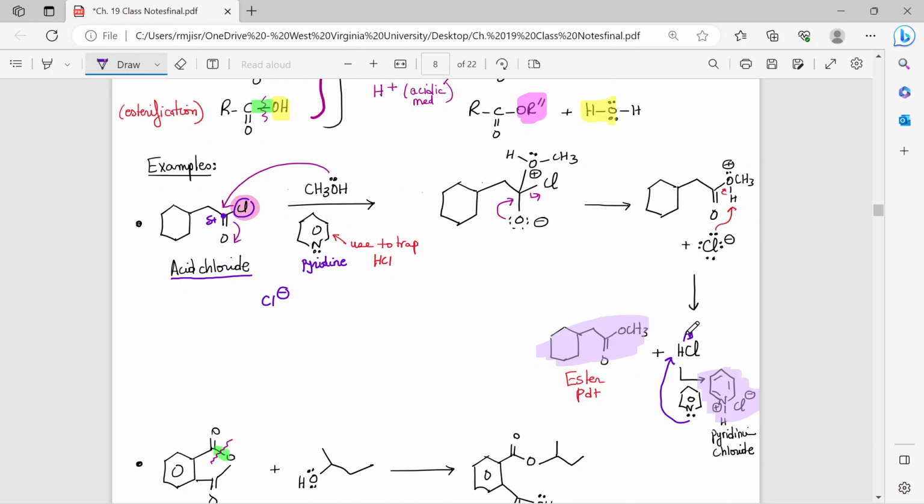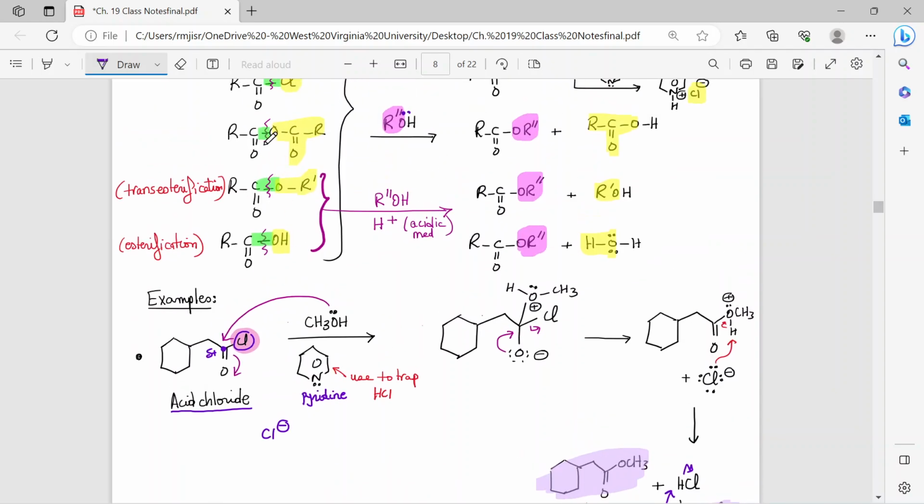So the moment you have an HCl in there, pyridine is going to act immediately, take the acidic hydrogen and trap the HCl. This is going to be your organic product in there. We don't care about the byproduct, but I'm just showing you over here what is the role of the pyridine and why we are using the pyridine in the reaction.